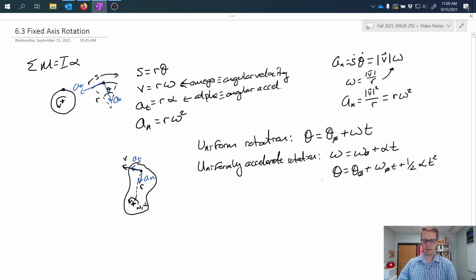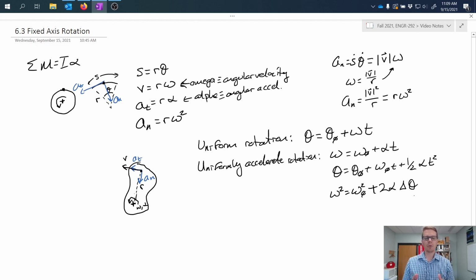And finally, the last equation here, all written in terms of their angular components.